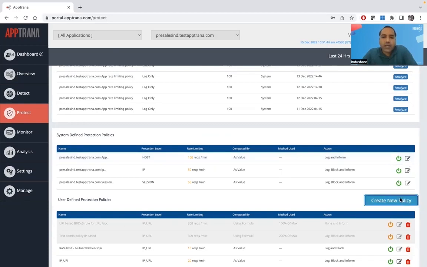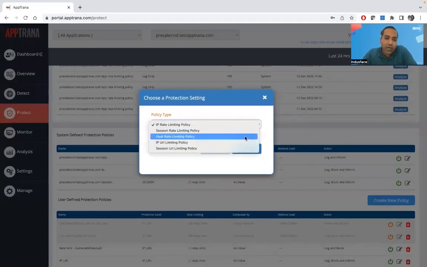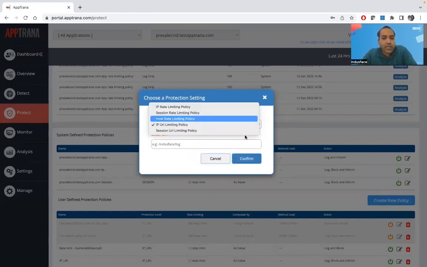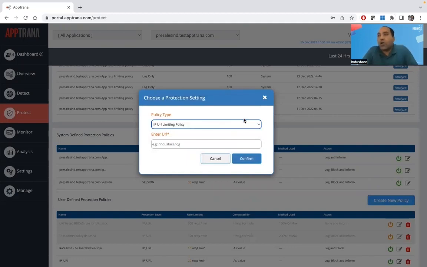Not only that, we also provide granular controls at an IP level, at the IP URL level, at a session level, which eventually means that for critical assets like a login page or a checkout page, you could configure more granular protections. So you might be getting about 100 requests a minute for your entire application from an IP, but for a login page, you might not get more than 3 requests a minute or 5 requests a minute.